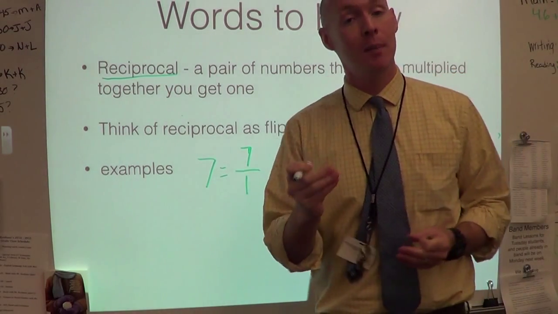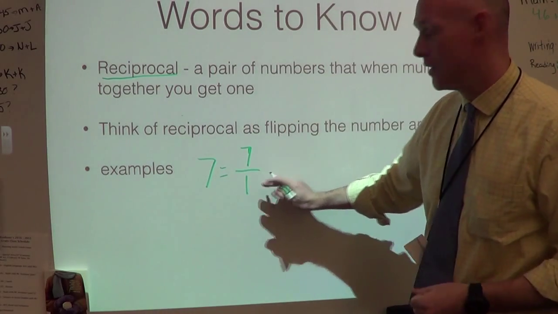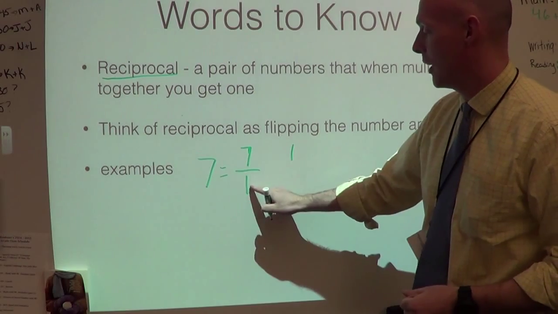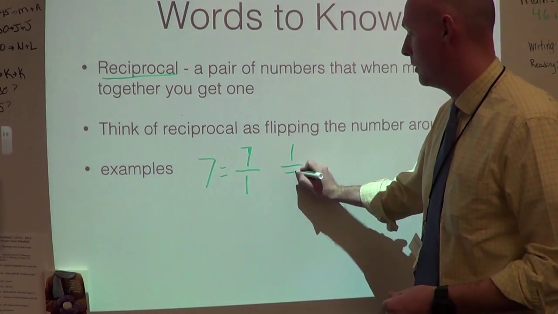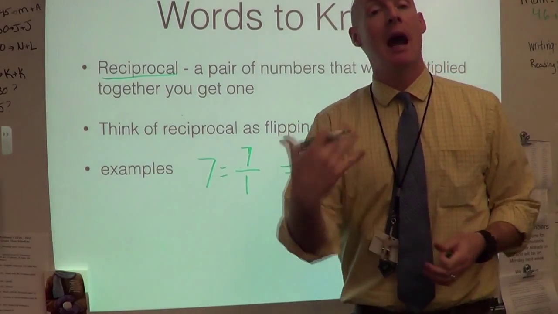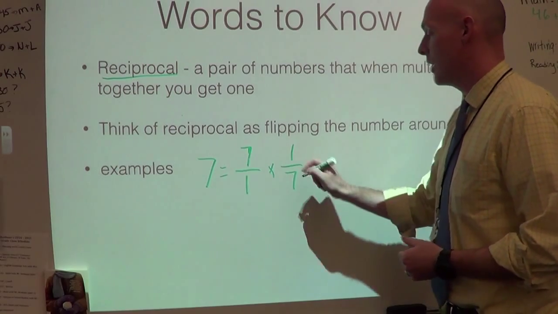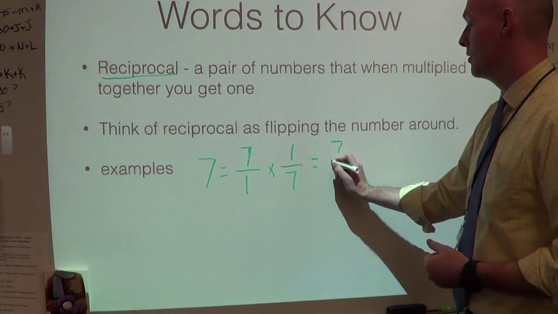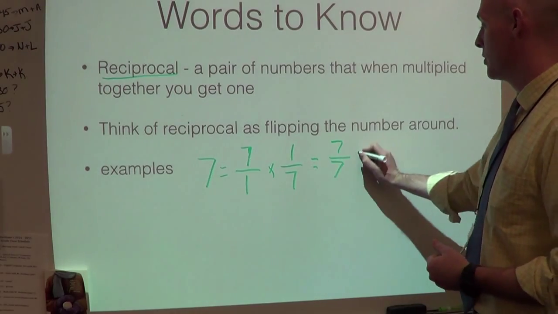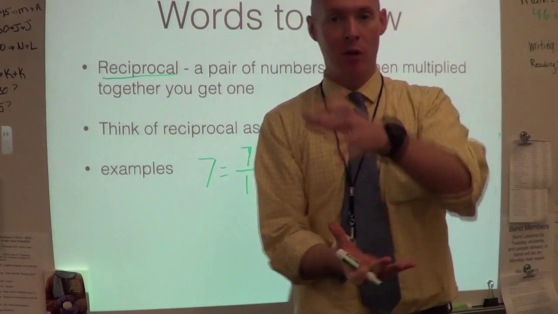Now, to find the reciprocal, you just flip it around. So the 1 that's on the denominator is now the numerator, and the numerator is now the denominator. So you just flip it. Now, it makes it a reciprocal because if you multiply the 2, 1 times 7 is 7, and 7 over 7 equals 1. So, a reciprocal, you just flip the number around.